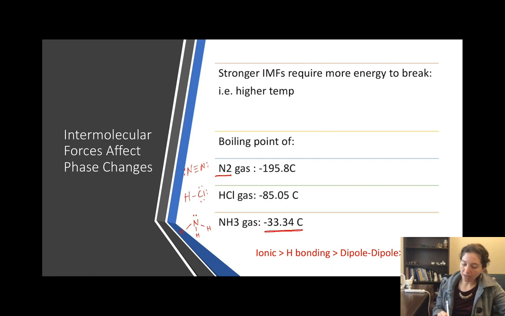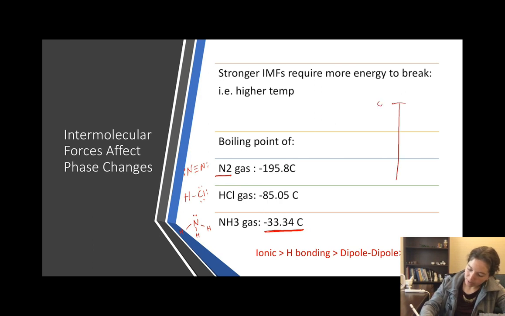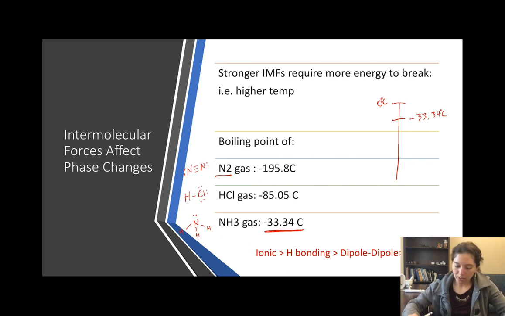So NH3 normally boils at minus 33 Celsius. If we had a scale here, let's say we started at 0 Celsius, which is freezing. This is where water freezes, 0 Celsius. And NH3 is going to be here, minus 33.34 Celsius. That's where NH3 is going to be transitioning from a liquid to a gas.